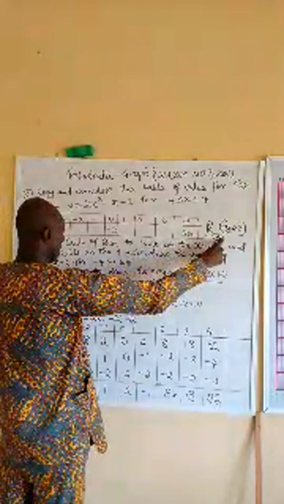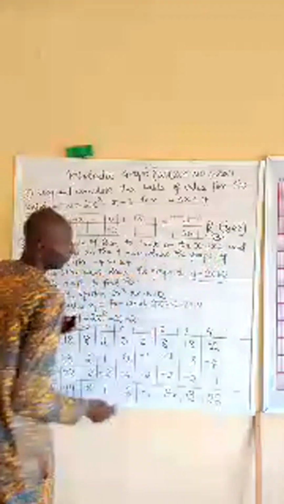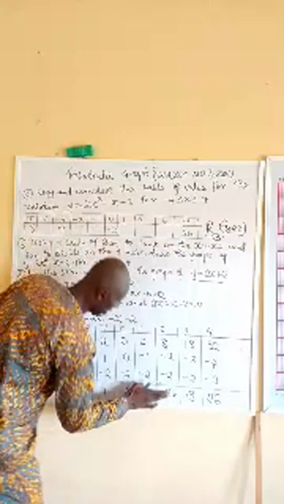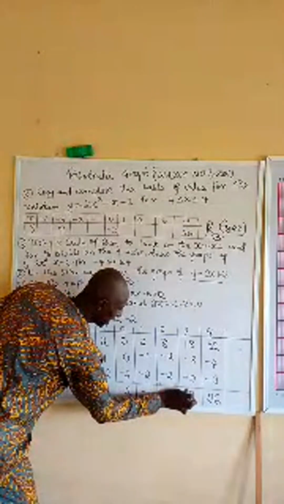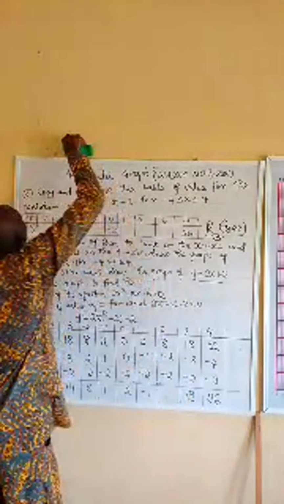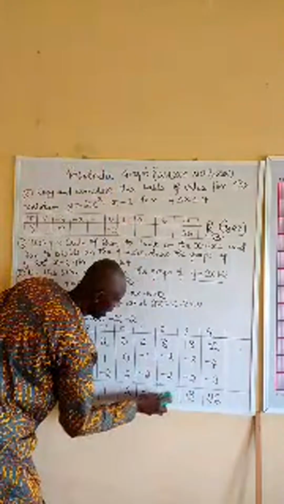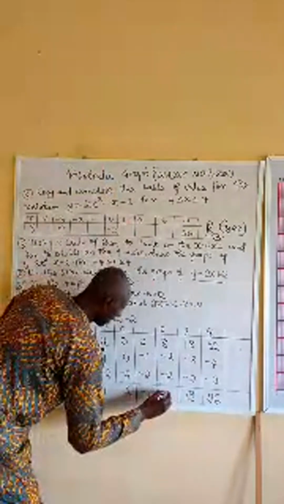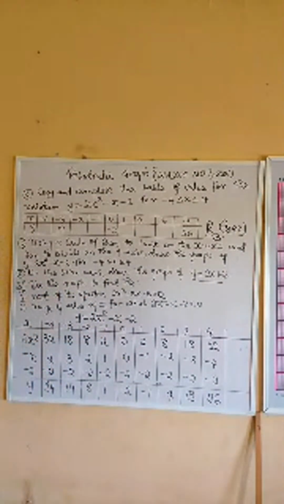Take note, your graph will not be correct. So minus half for each what? Error. Minus half for each error.